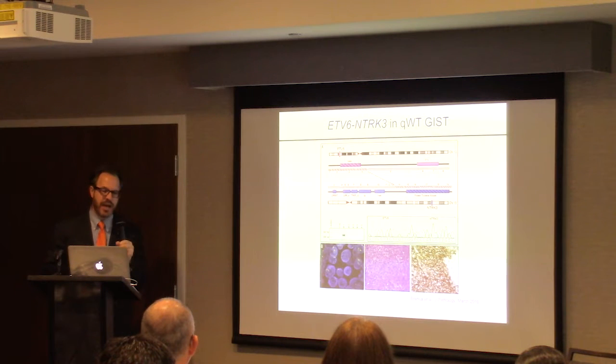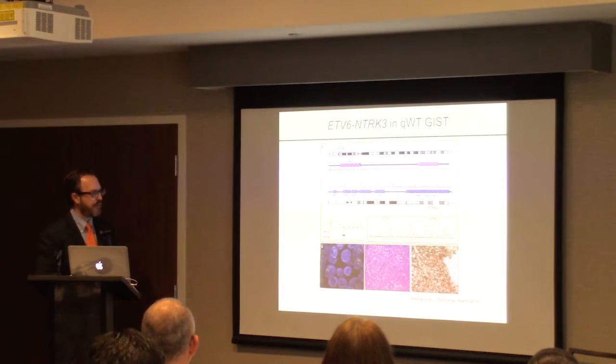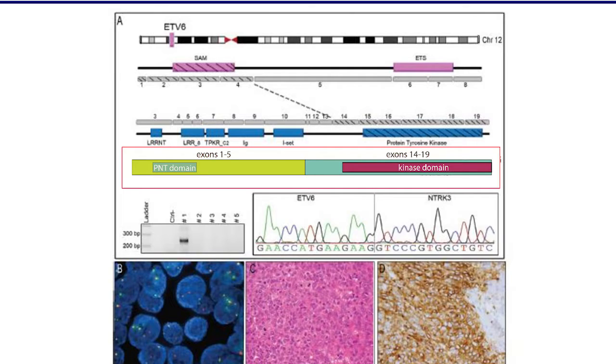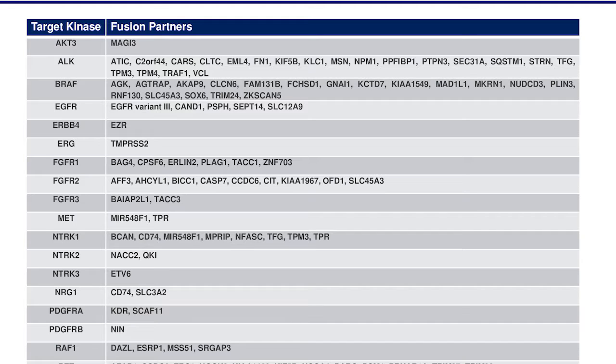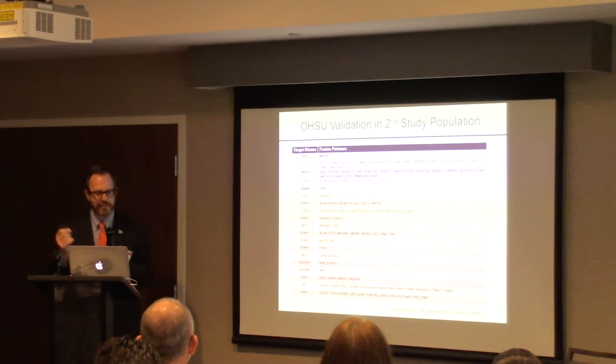And right around the same time, we got a little bit scooped. We presented it first nationally and then internationally, and then another group came out with a paper that scooped us by a couple of months, showing that they identified in Spain a patient with an NTRK fusion as well. It was a very similar fusion. In the meantime, working with Mike Heinrich and Chris Corless at Oregon Health Sciences University, we looked at the patients that they had sequenced from the Raft data set.